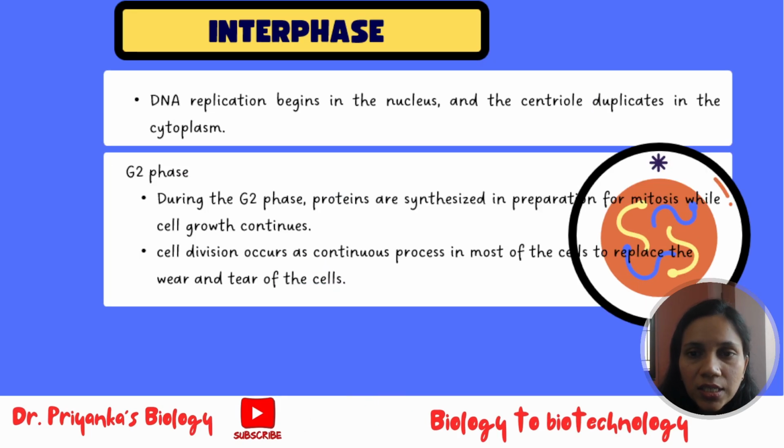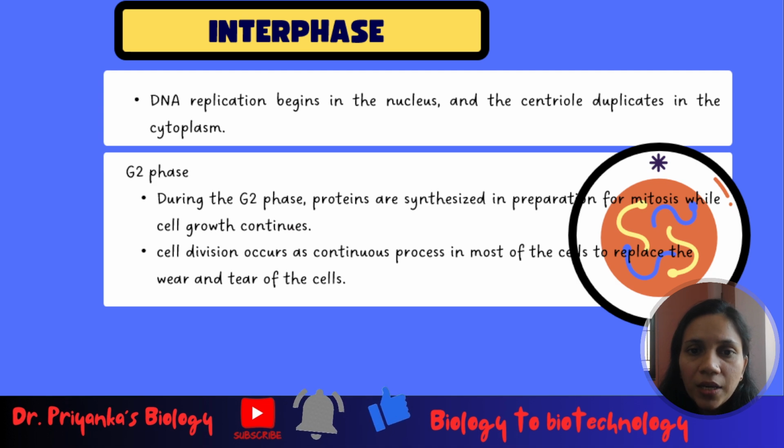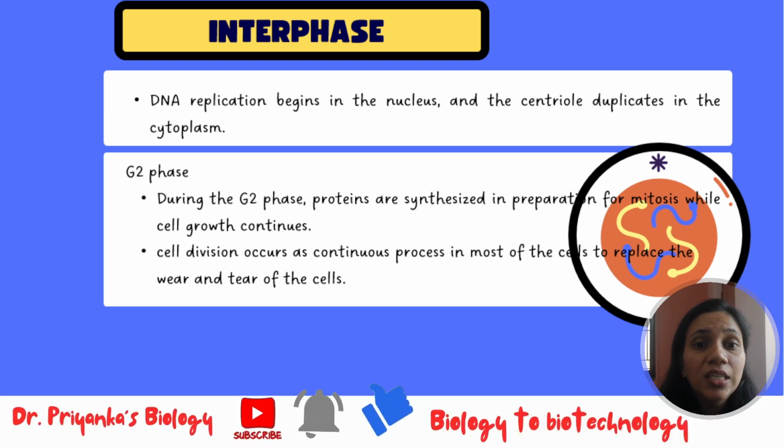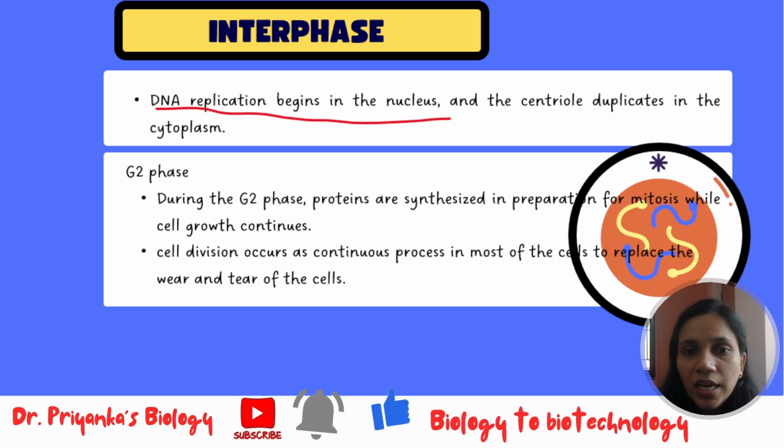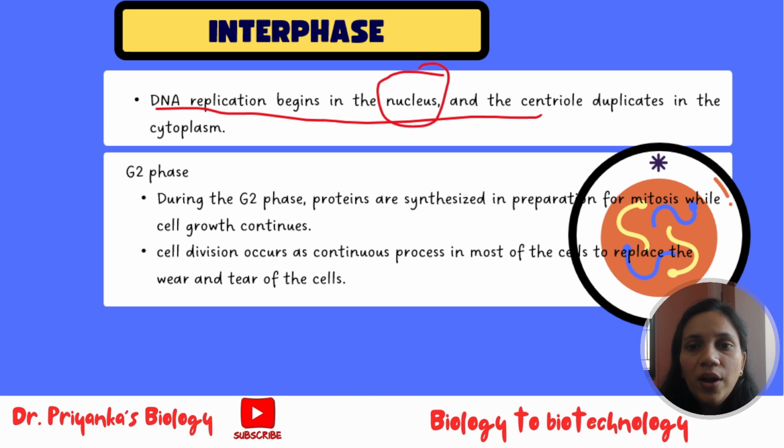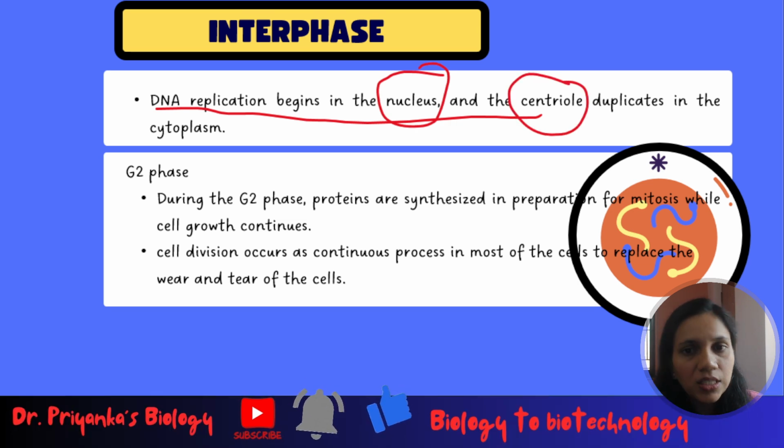Next, DNA replication is going to begin in the nucleus. Centrioles also duplicate in the cytoplasm. There are two more events occurring here. DNA replication occurs in the nucleus, whereas the centriole is present in the cytoplasm, so that duplication occurs in the cytoplasm.